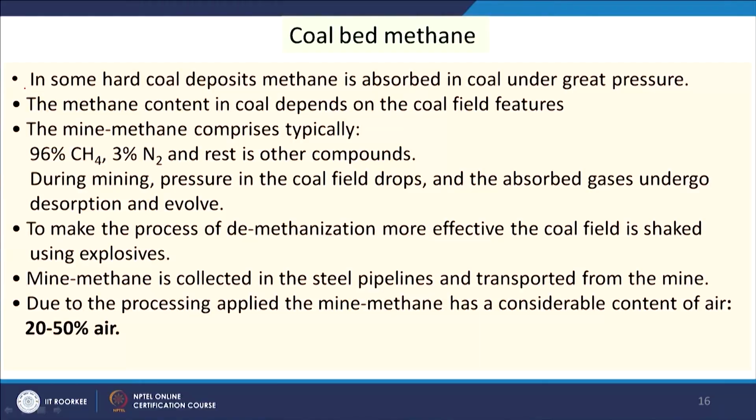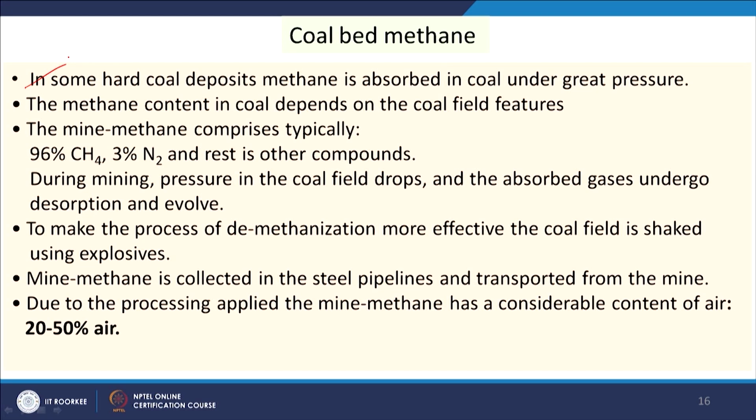Then we come to coal bed methane. The name indicates that it is available in the coal seam, the coal bed. In some hard coal deposits, methane is adsorbed in coal under great pressure.